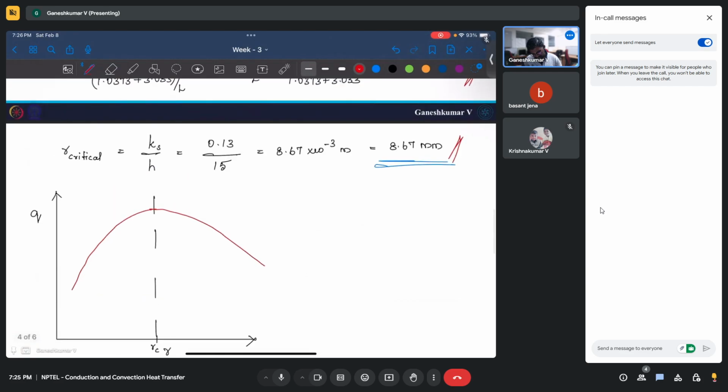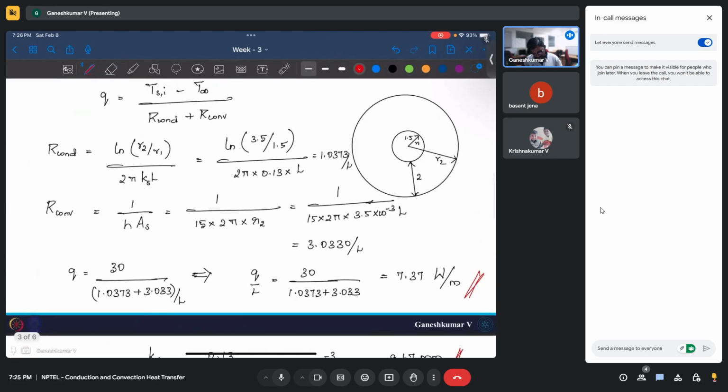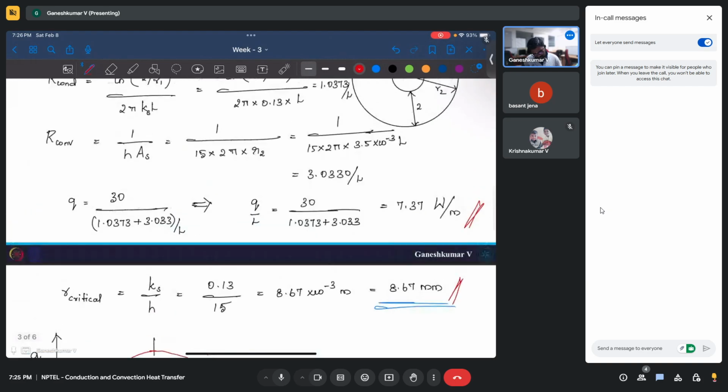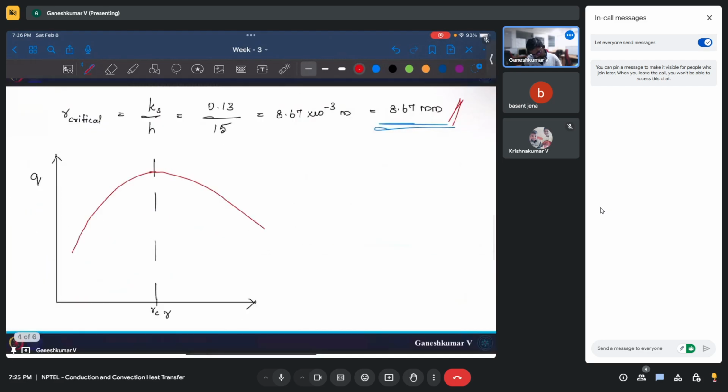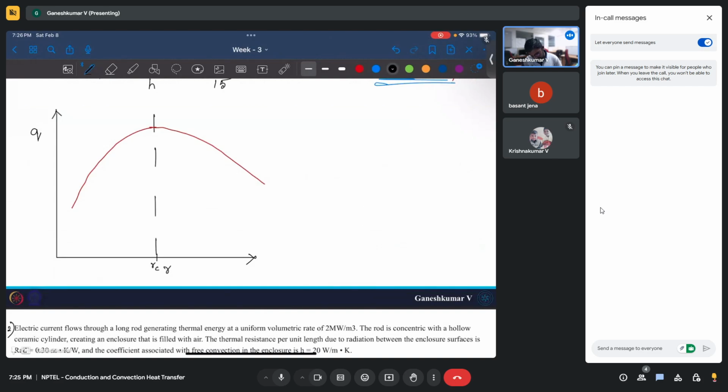So currently we are at R of 3.5, right? So 1.5 plus 2. So at 3.5 mm, what they are telling is if you increase it to 8.67 mm, you will have maximum Q max.